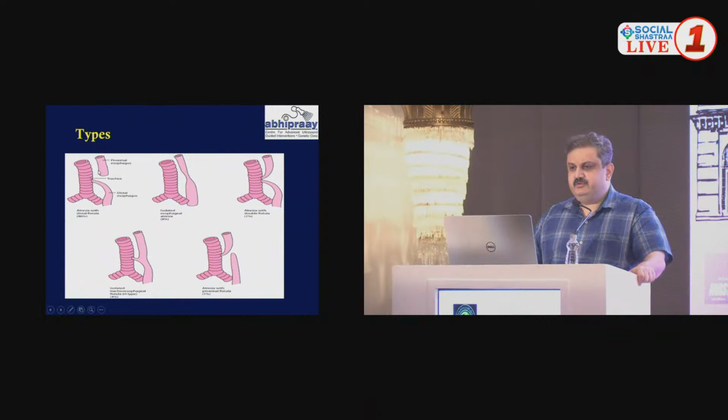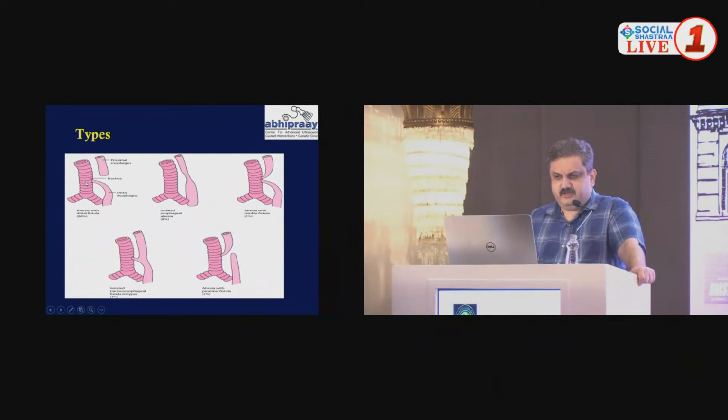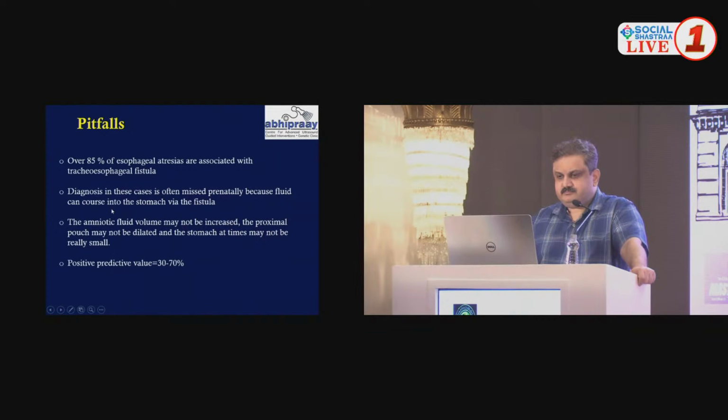86% of the times you will have the proximal esophagus, which is completely cut off, and you have a tracheoesophageal fistula with the trachea communicating with the distal end of the esophagus. The positive predictive value of esophageal atresia and TOF is just 30 to 70%, and the reason is that 85% of these are associated with fistulas, and therefore you can have fluid seeping from the fistula into the stomach.